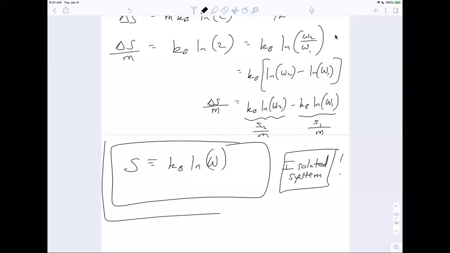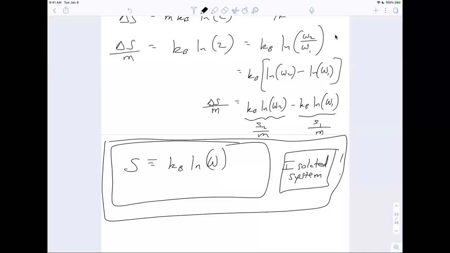This is very profound, and for this 400 level course, this is like a pinnacle result. S equals k_B log W, where W is the number of arrangements you can find at the microscopic level for an isolated system.